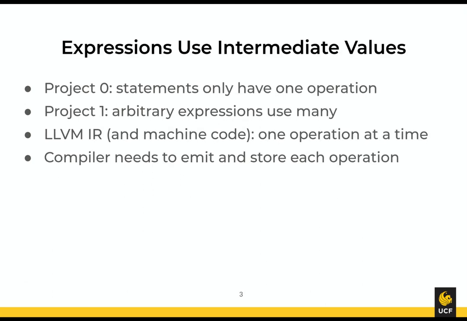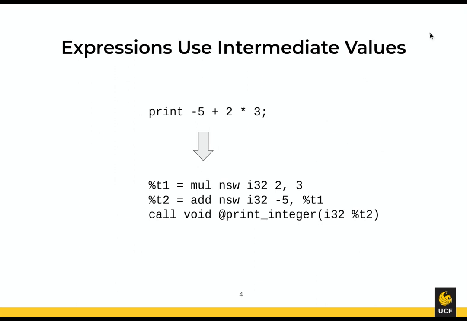So if we have -5 plus 2 times 3, we have to compute 2 times 3 first. Here's an example. Remembering our operator precedence, the 2 times 3 happens first.